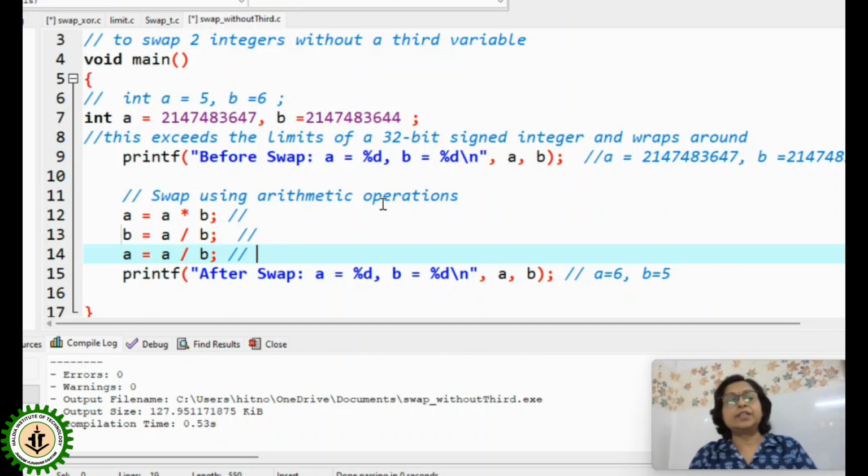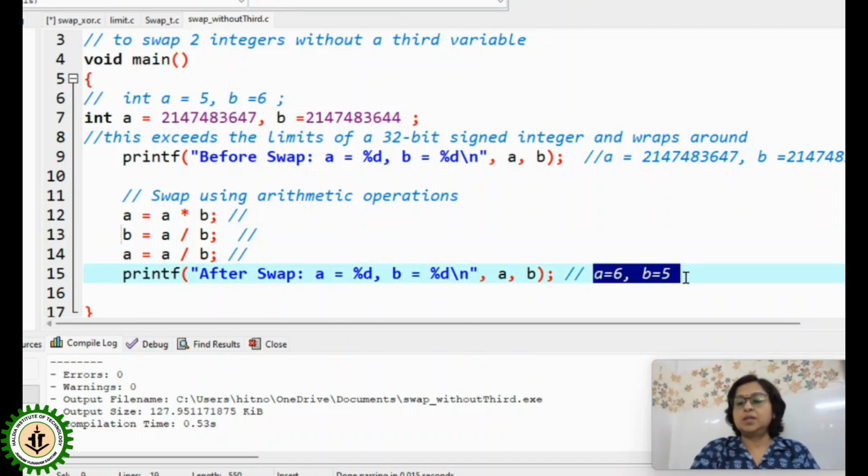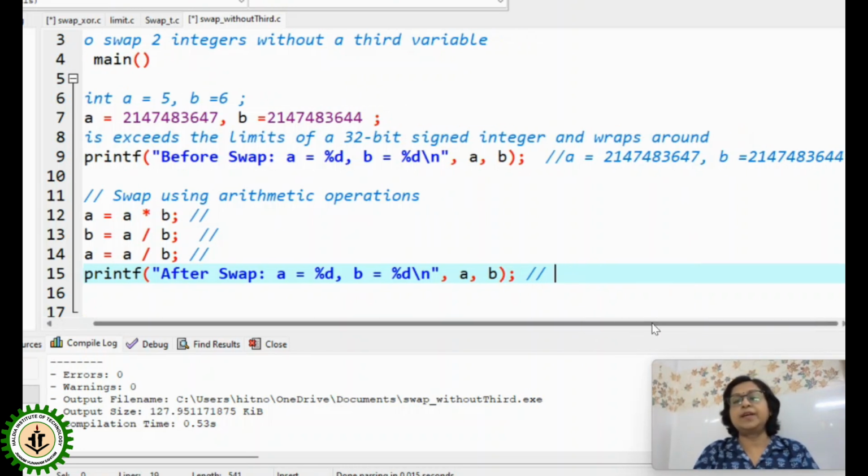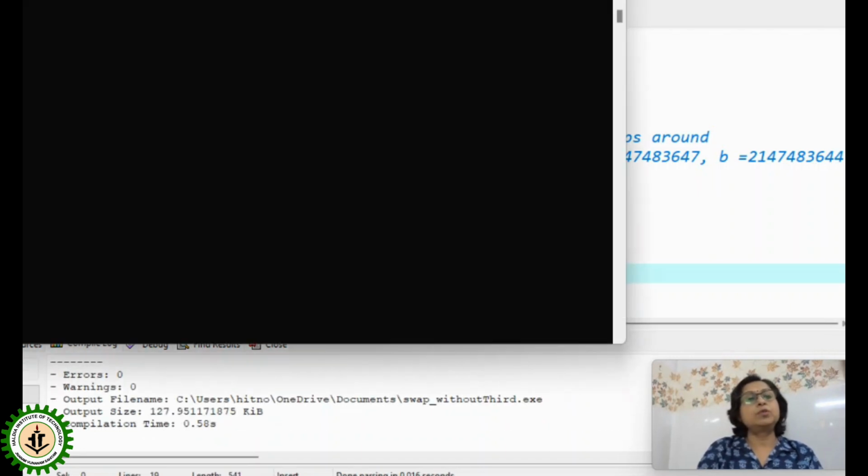It is understandable that the arithmetic operations will take place, but what will be the output? Your expectation is that A will have B's value, and B will have A's value. Swapping. So let's check the output whether it is happening or not.